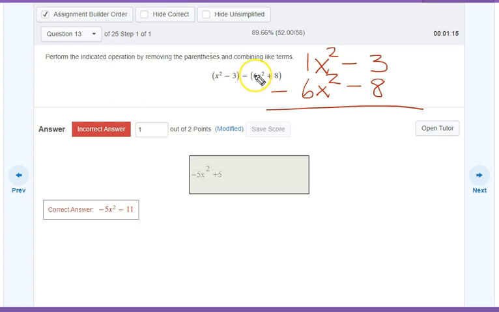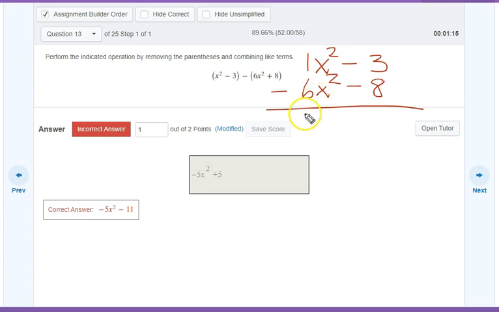So this is a positive 6x squared. I'm going to make it a negative 6x squared and put it in the proper column. And this positive 8, I'm going to change the sign, make it a negative 8. And this is where this person went astray. They left it as a positive 8. They only changed the first one.